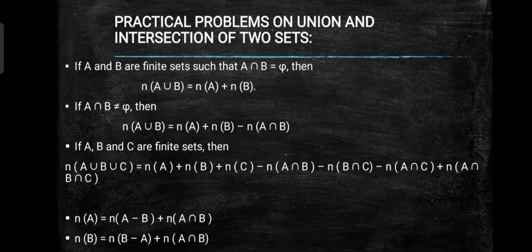So for that, what are you doing? You're subtracting that additional yellow part for that middle section, meaning that you're subtracting that one intersection part. That's the exact thing that you're doing in this formula. So you're subtracting n of A intersection B. So n of A plus n of B minus n of A intersection B.